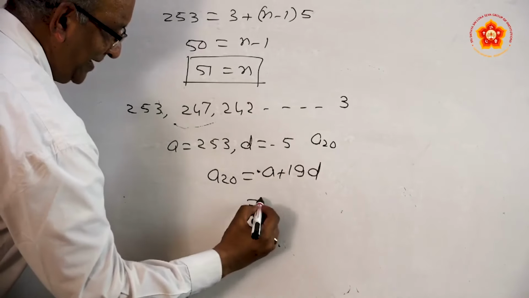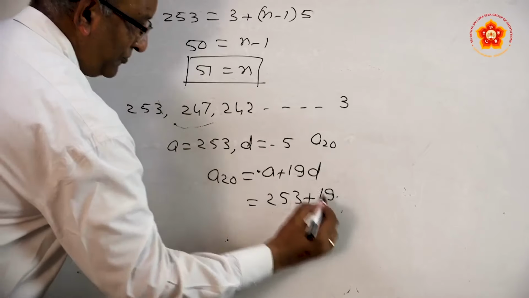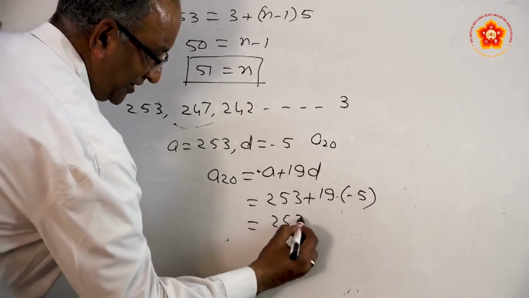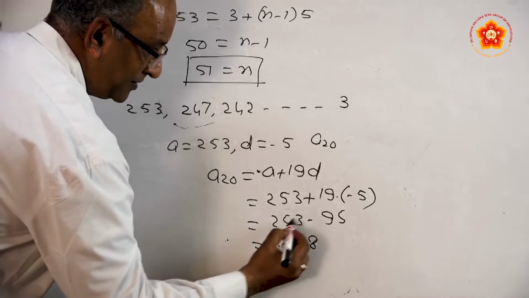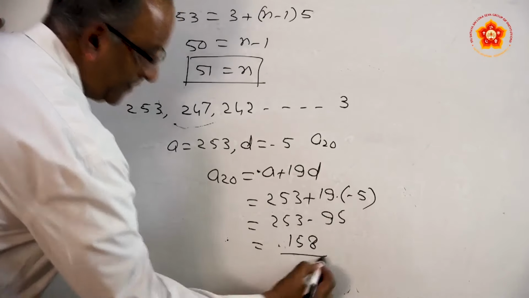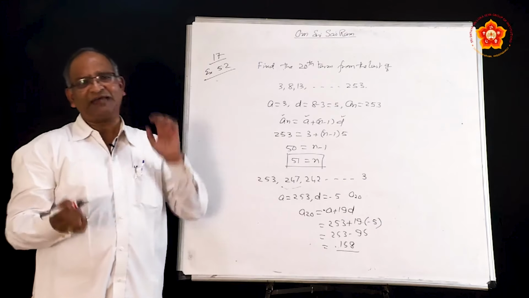How much is a? 253 plus 19 into minus 5. So it is 253 minus 95. This is the answer.